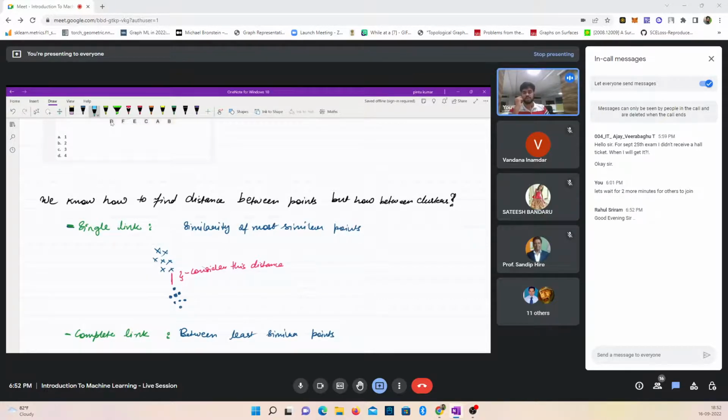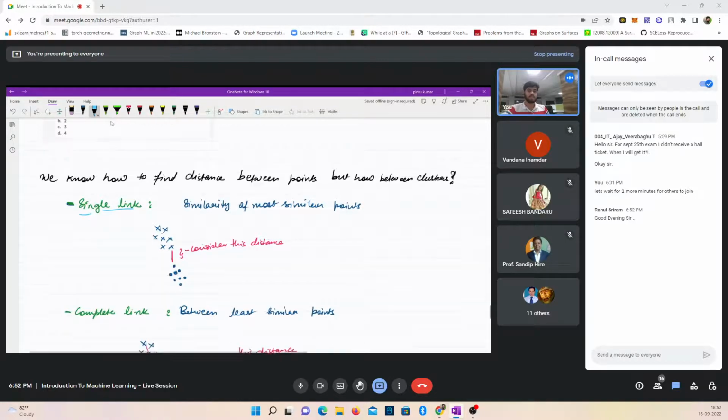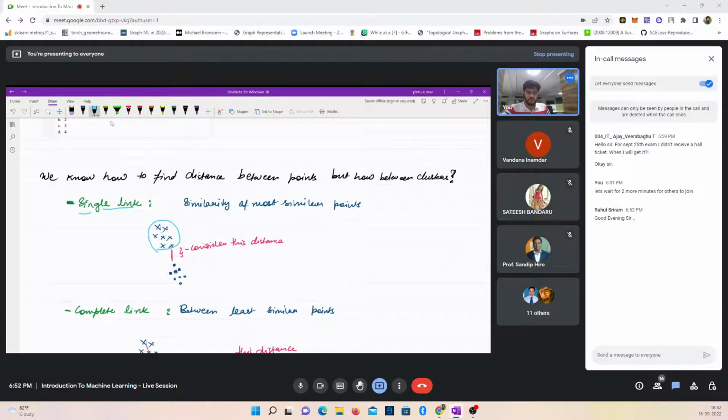First is single link clustering. What is single link? If you have two clusters available with you, you look at the points which are closest to each other across clusters. This point and this point are closest across the clusters.